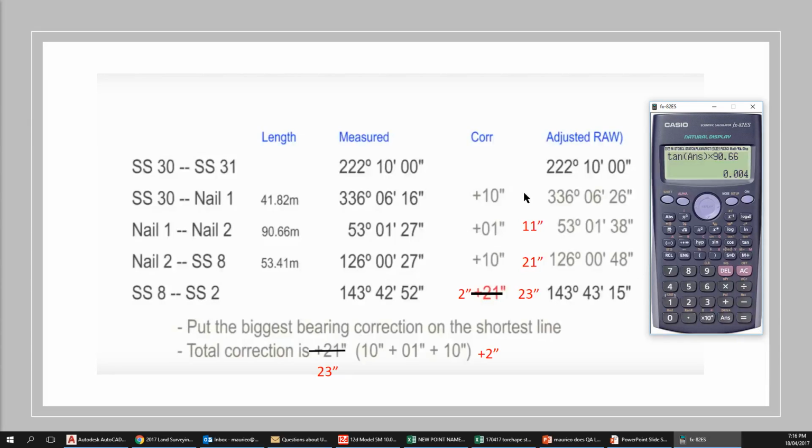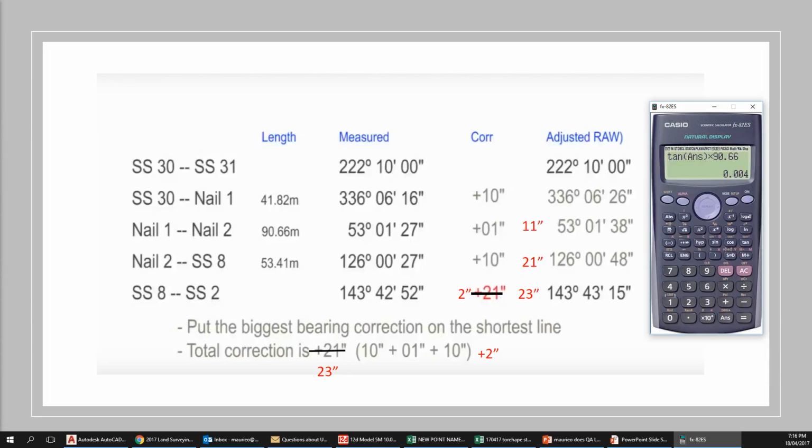So hopefully that's explained a little bit as to why we can put the biggest bearing correction in the shortest line. Now, in terms of what's happening here with this reduction, it's a little bit different to what I have been doing previously.